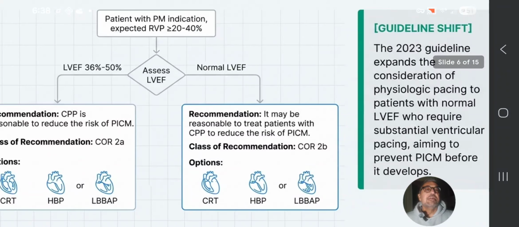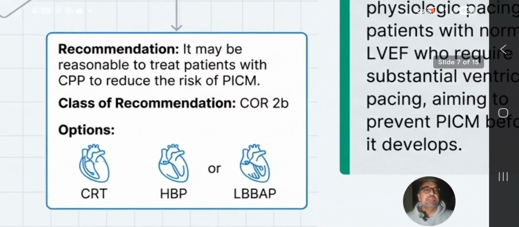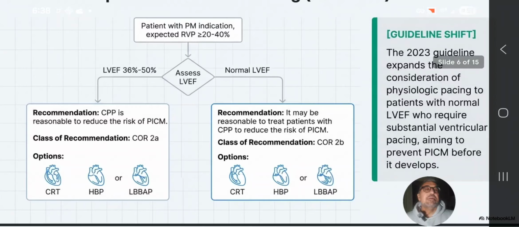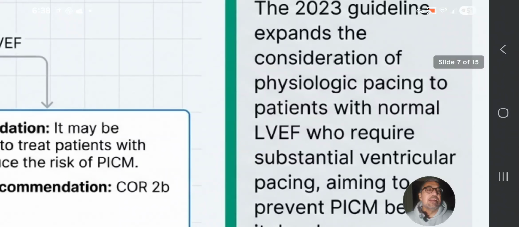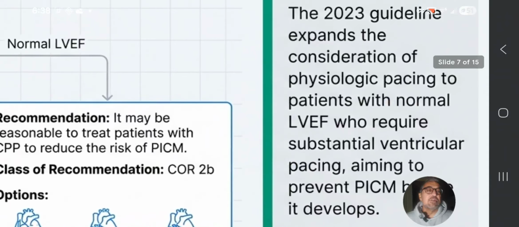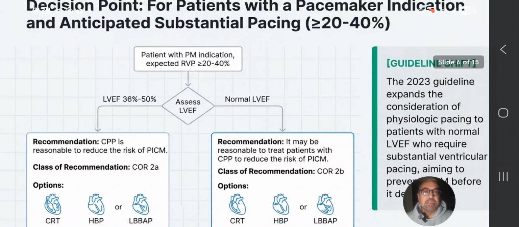On the other hand, if the EF is normal, then it may be reasonable to treat patients with CRT, His bundle, or left bundle branch pacing, but it's not mandatory. The 2023 guideline expands the consideration of physiological pacing to patients with normal EF who may require substantial ventricular pacing, aiming to prevent pacemaker-induced cardiomyopathy before it develops.